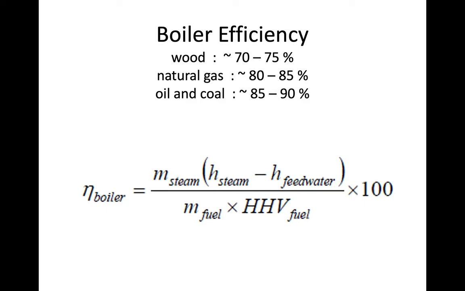If you use natural gas, mostly the efficiency is between 80 and 85%. And if we use oil and coal, we can have a better efficiency, which could reach between 85 and up to 90%.